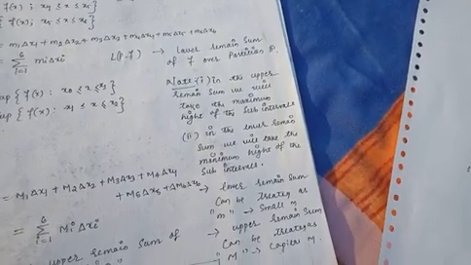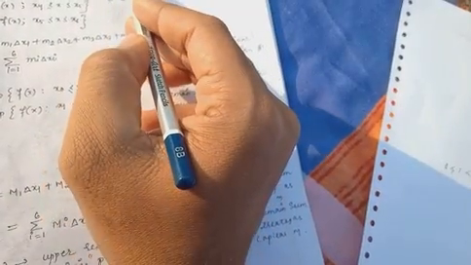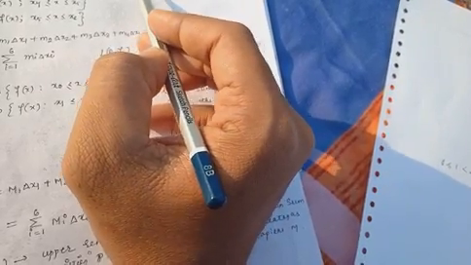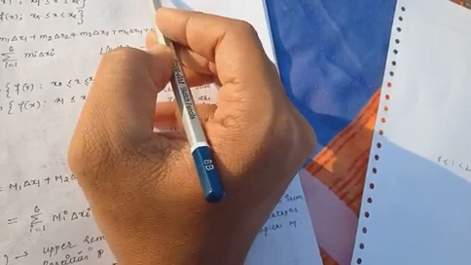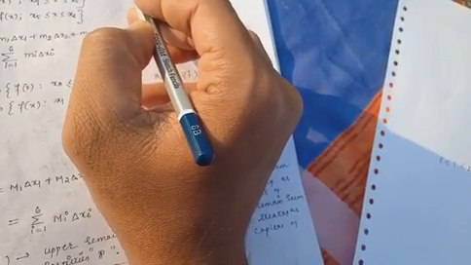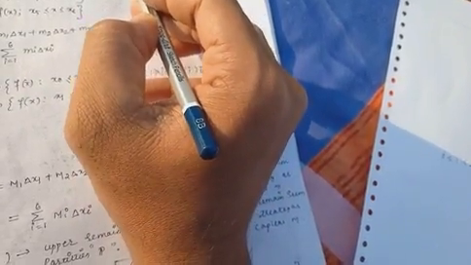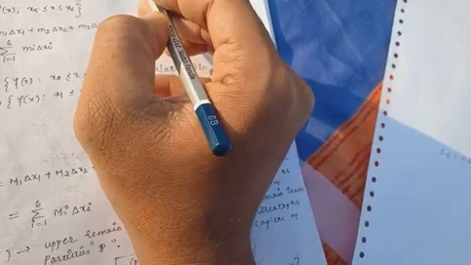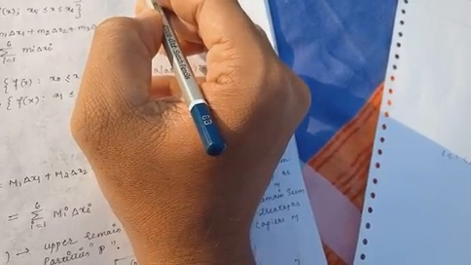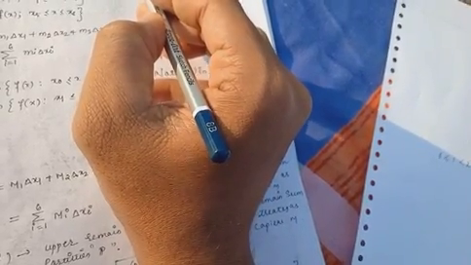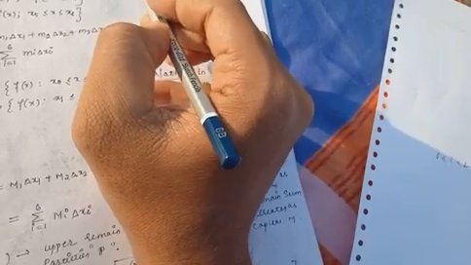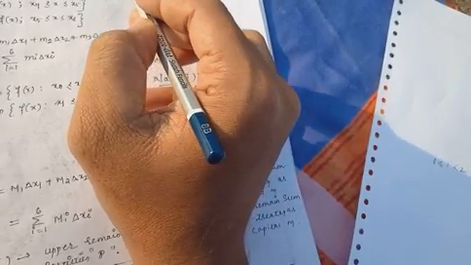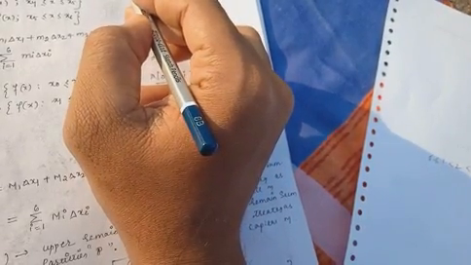Similarly, from x1 to x2, as you can see, the function varies from this to this, and there is a downward curve. This is the point where we find the minimum height for m2.